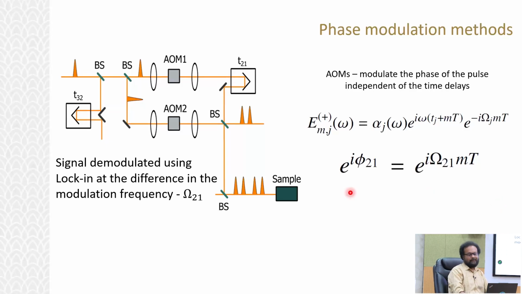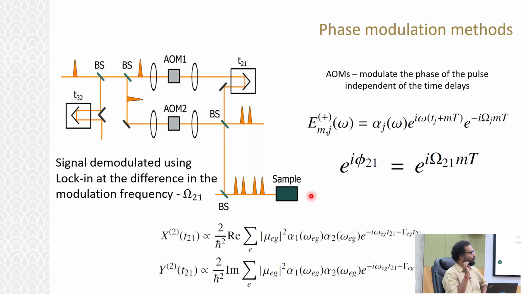I give the input. So I take this, you excite the sample, it emits light, for example. I use a slow photodetector, collect all photoluminescence, and then put it in a lock-in amplifier. I demodulate the signal exactly at the frequency of omega 21, the frequency difference between the two modulation frequencies.